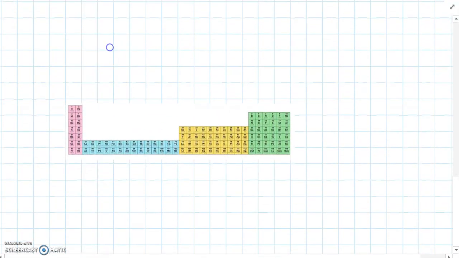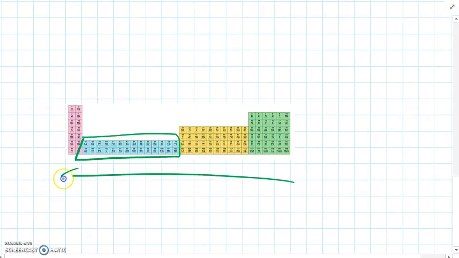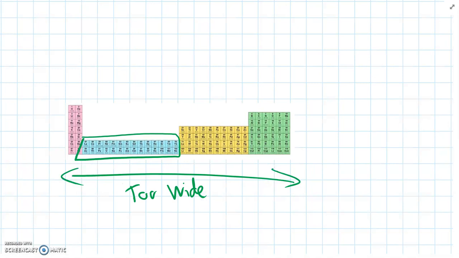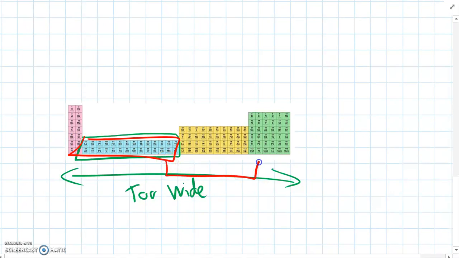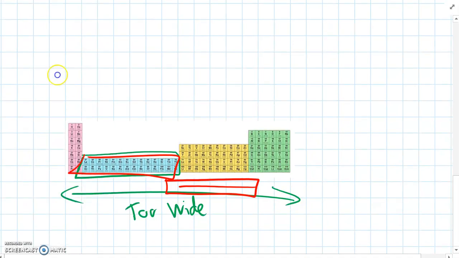And we can see that down here. These are the two extra rows, but the problem when we look at it like this is it's too wide to look at on a piece of paper. So what scientists decide is, let's cut out these two rows and let's put them separately underneath, just so it's easier to fit onto one page.